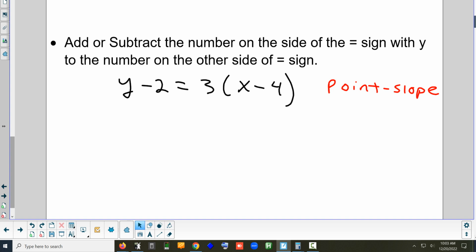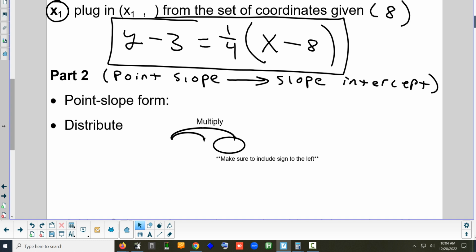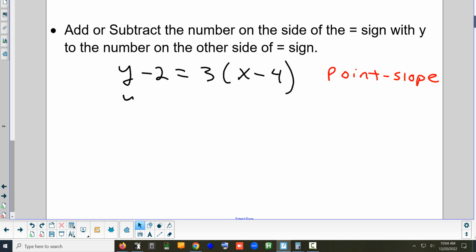What's the first thing you have to do with the 3? What did we say? Yep. So the first thing you have to do is distribute that out by multiplying. So for now, keep the y minus 2 right where it is. Let's do that.